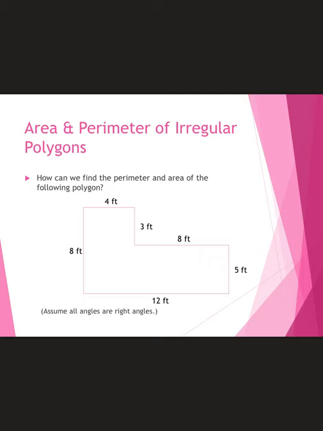So the perimeter would be easy because we're just adding up the sides. So the perimeter is just going to be that 4 plus 8 plus 12 plus 5 plus 8 plus 3. So we get 40 feet. The area is a little more tricky. So if I cut this, we're going to have two shapes now.